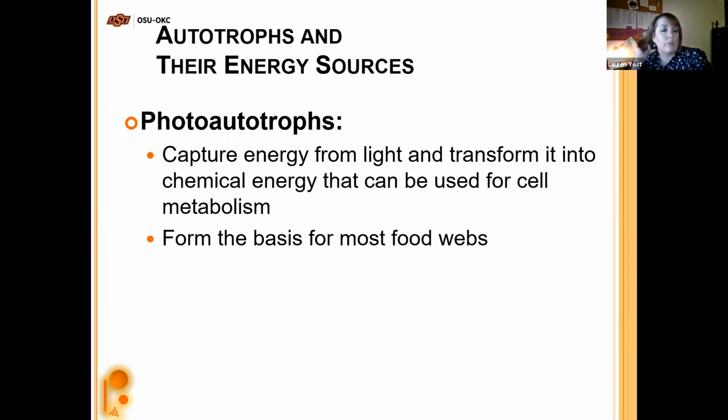So photoautotroph. Oh, good, we're going to go back through it. They capture the energy from the light and transform it into a chemical energy that can be used for cell metabolism. And they are usually at the base of the food web. Photoautotrophs are usually the primary producers at the base of the food chain.